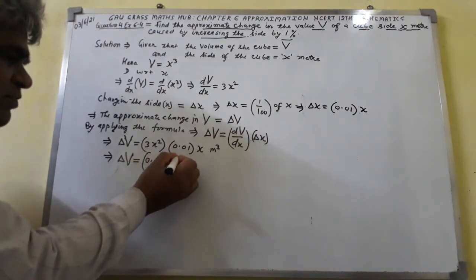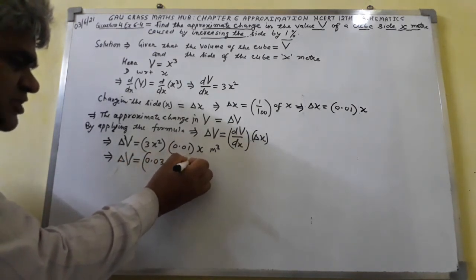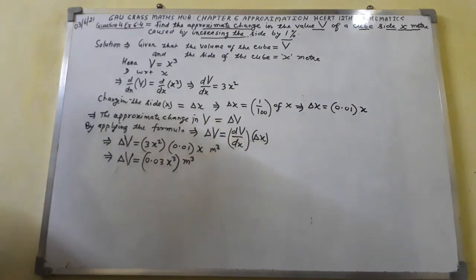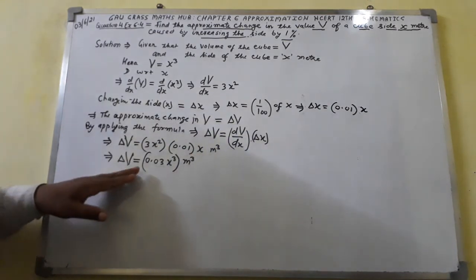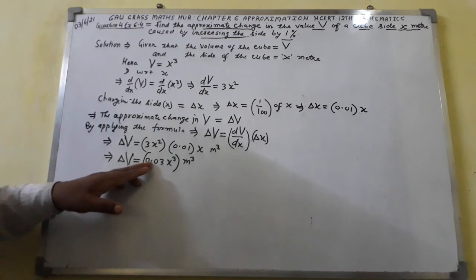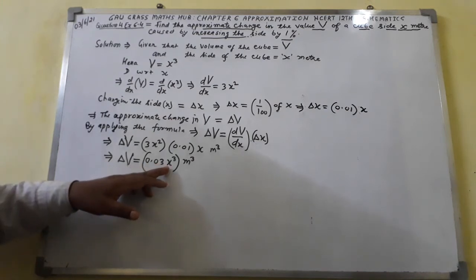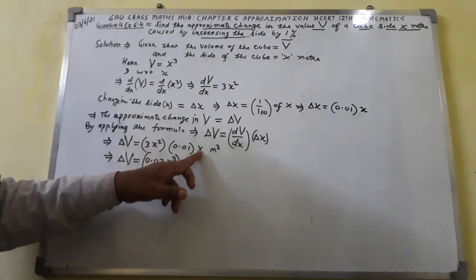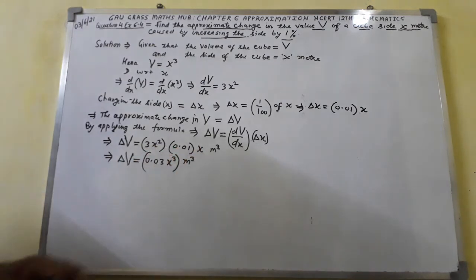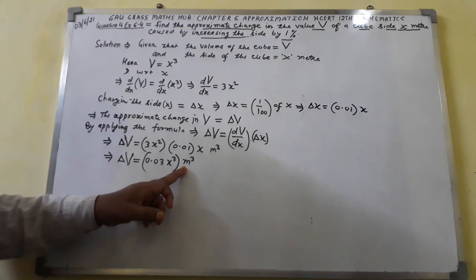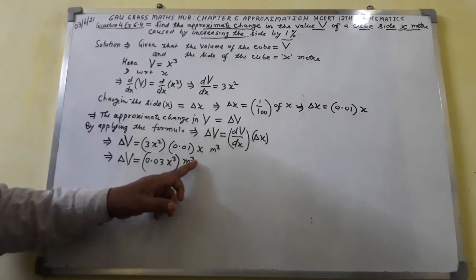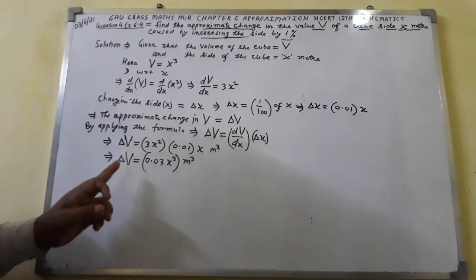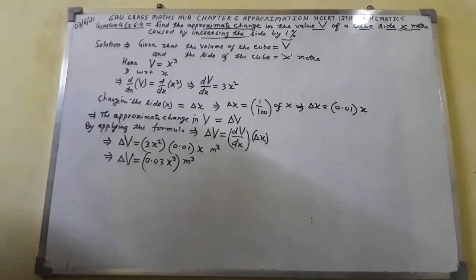Write this in brackets, meter cube. Delta V equals 0.03 x cube, since x square multiplied by x comes out to be x cube. m raised to the power 3 is the unit of the value. So this will be the correct answer.